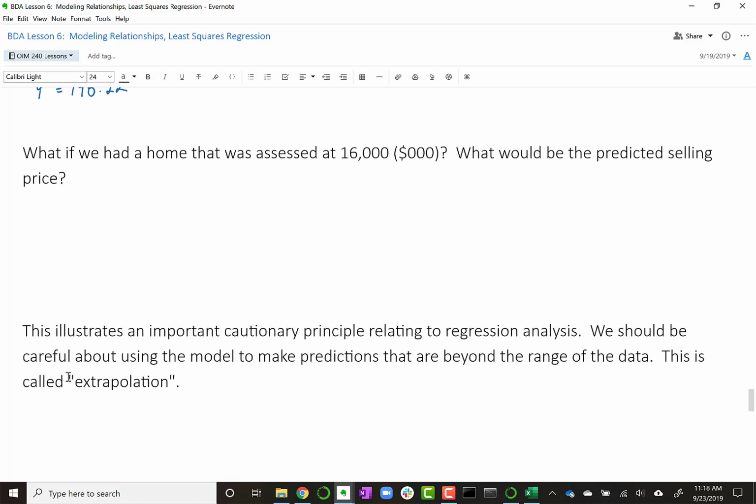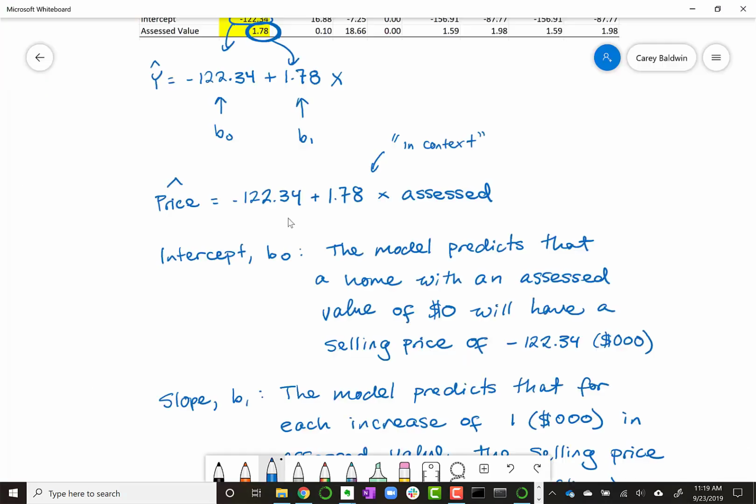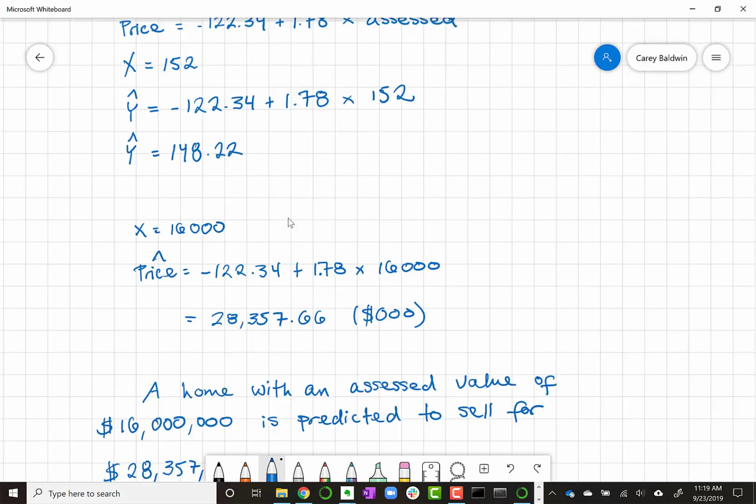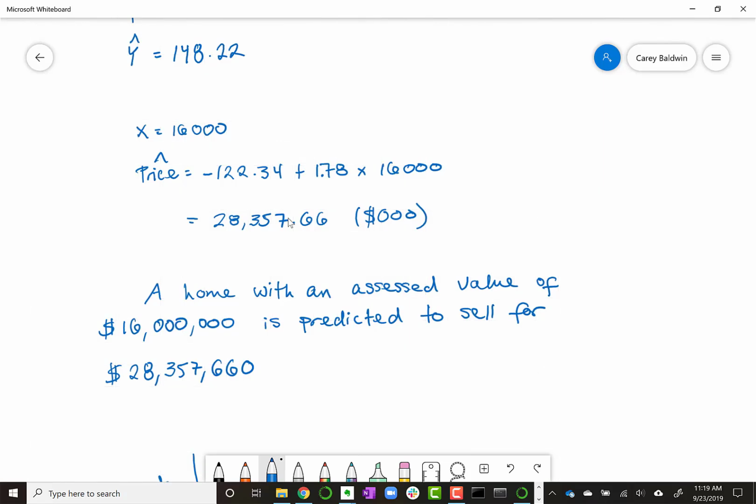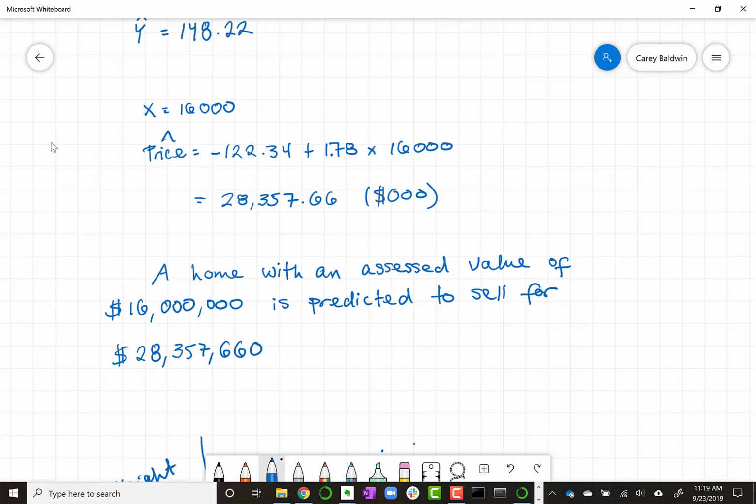Now lastly, here's an exercise. If we had a home that was assessed at $16 million, because here I have the 16,000, and that's in terms of thousands of dollars, so that converts to 16 million. What would be the predicted selling price? Here I am working this out.